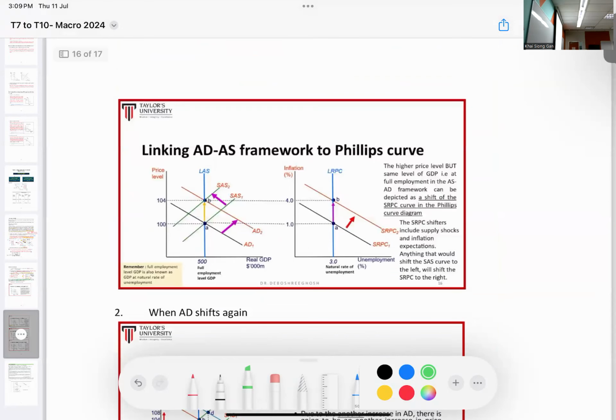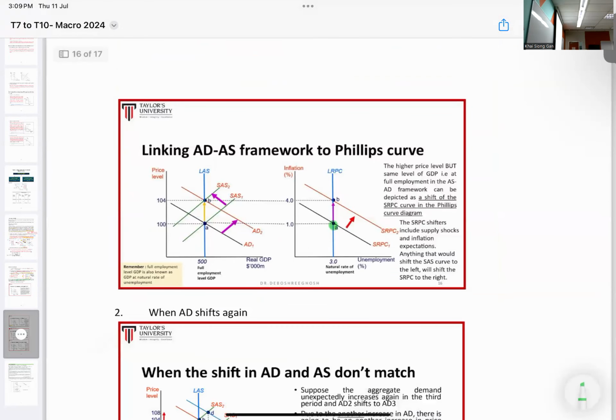You know that at the end, it will move from point A to point B. So you can see here from point A to point B, after the shift of the aggregate demand and SAS curve, and here it is reflected on the Phillips curve as well. I'm not going to explain why it is like that. I already created one video purposely to explain what the Phillips curve is. So if you're wondering how come it's like that, you watch back the same answers. It's the same answers.